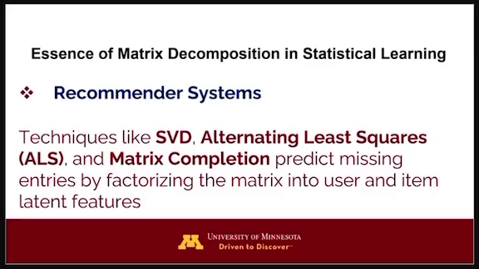The approach is called matrix imputation. Some elements are missing in the matrix, and of course, we can use alternating least squares, SVD, all of that. They are approaches of matrix decomposition. So matrix decomposition techniques can be used in imputing missing elements in a matrix.